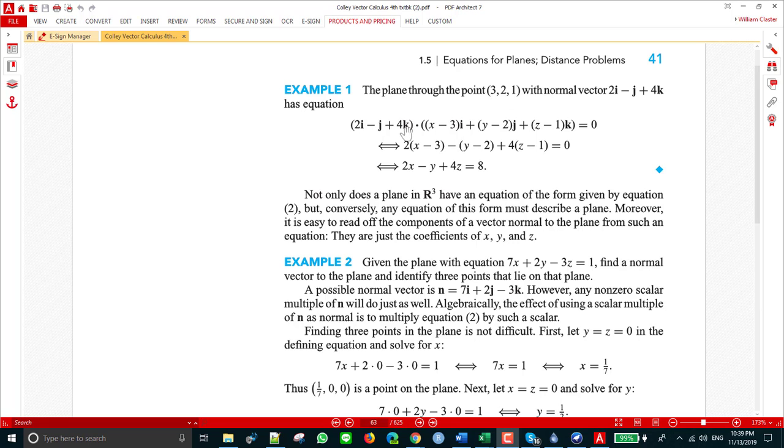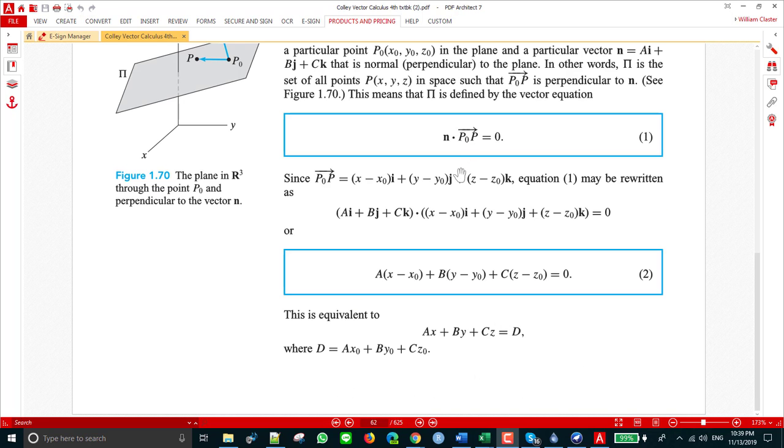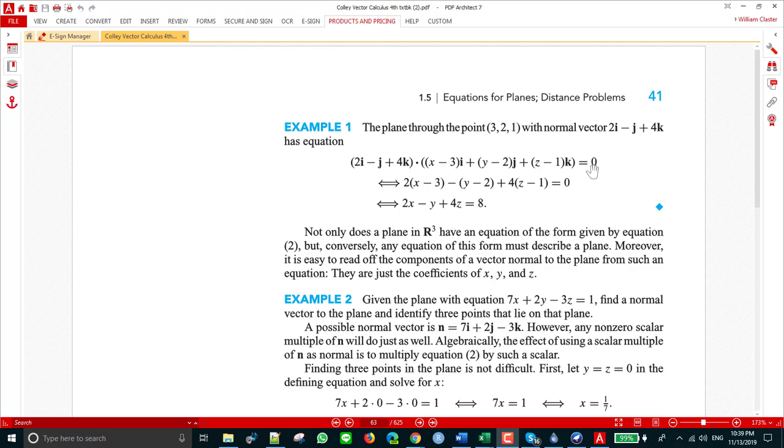We take n times P0, set it equal to 0, and work it out, and we get this. So this is the equation for the plane that goes through this point and is normal to that vector. And any solution to this will be a point in the plane.